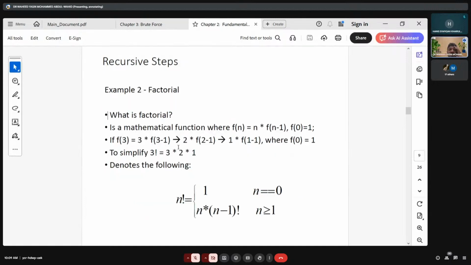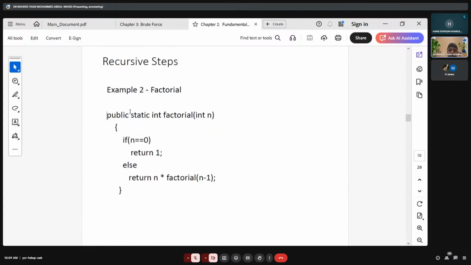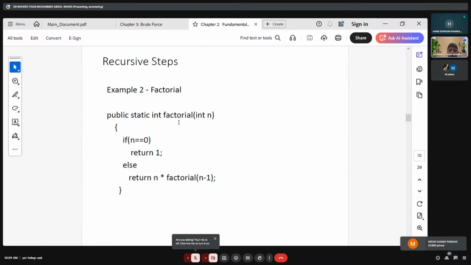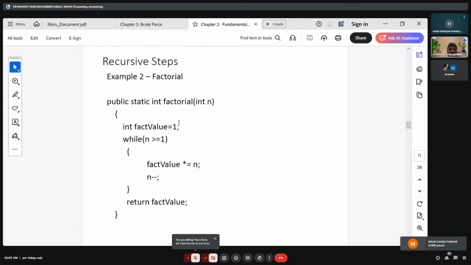Example factorial, we did also factorial. Factorial of n equals 1 when n equals 0, or n multiplied by factorial of n minus 1 when n is greater than 1. Same here, public static factorial: if n equals 0, return 1, else return n times factorial of n minus 1. This one is recursive, and this one is iterative using while.